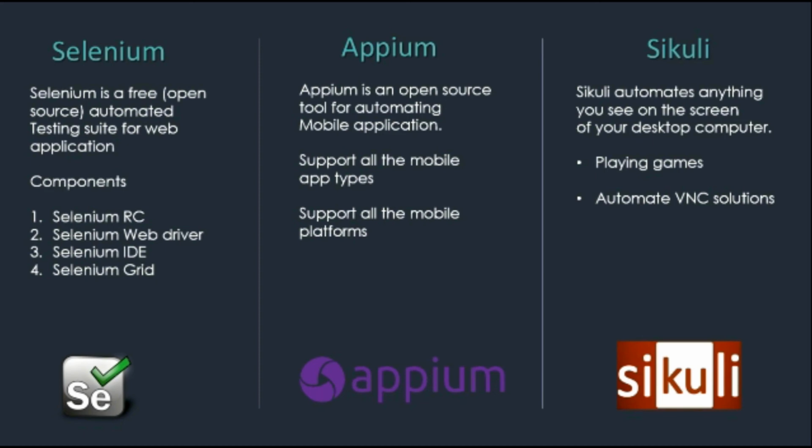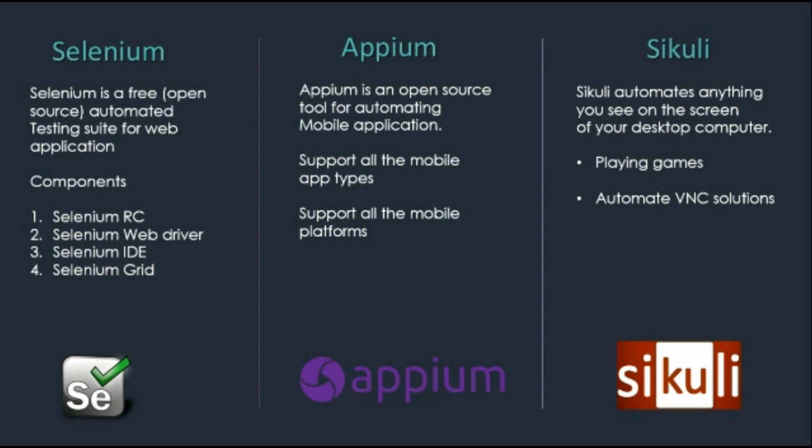The next tool is Appium. Appium is also an open source tool for automating mobile applications. By using Appium we can automate any type of mobile application: native, hybrid, mobile web, responsive websites, or any kind of mobile application or platform. Appium works on a client-server architecture, so it supports all mobile platforms, Android and iOS.